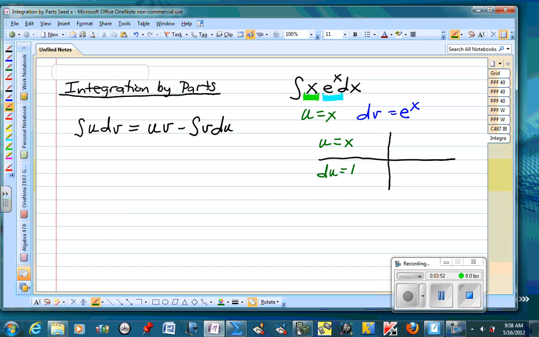Then over on the other side, let's put our dv, put the d's on the bottom here. dv equals e to the x. And if you integrate with respect to x, we'll get that v equals e to the x. And we're not going to worry about the constant right now.